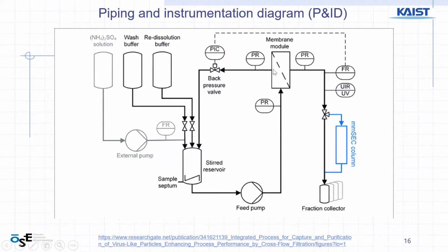Now, here is an example of a P&ID drawing. So you see that there is NH4SO sulfide and nitrogen solution and wash buffer and the dissolution buffer. There is an external pump and there is a stirred reservoir, and then back pressure valve, and then membrane module, feed pump, and fraction collector.